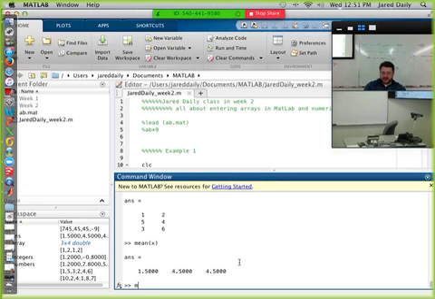For the median, it is similar to average. But it's not actually giving it to me. Why is it not giving it to me?